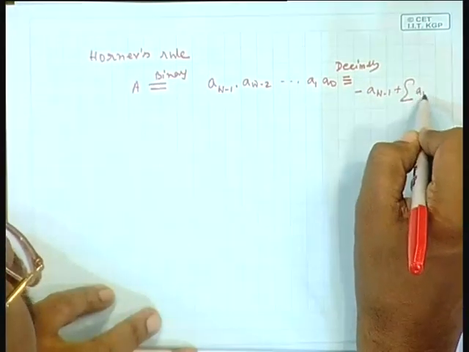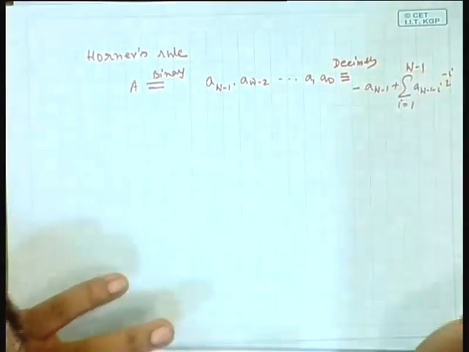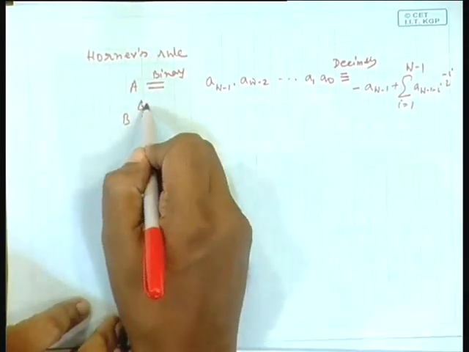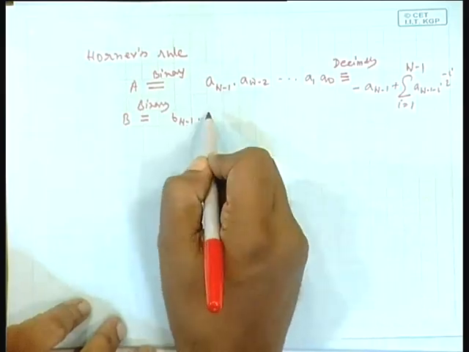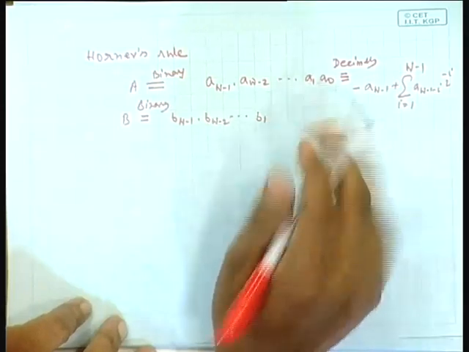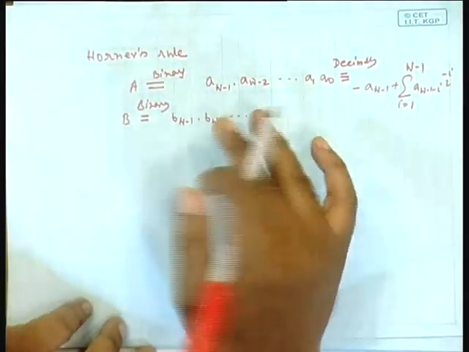I am writing it too often. Okay. Similarly, a number B is given. Once again, Parhami is very unclear in all these chapters. Many things are written, not written, not explained.